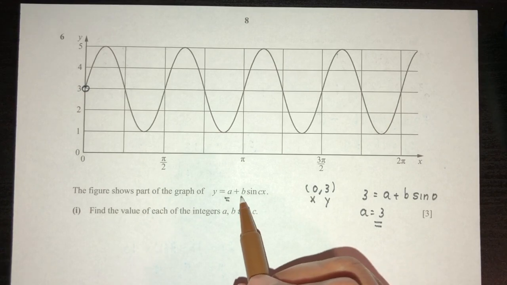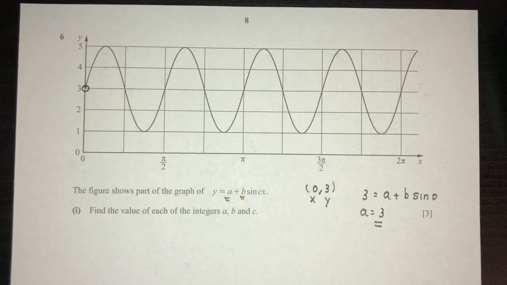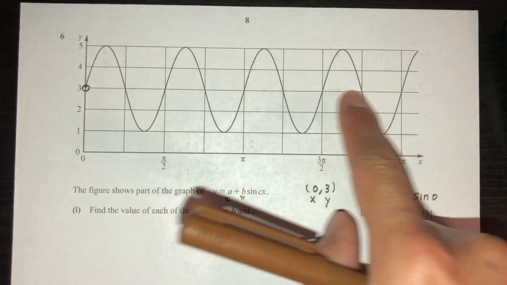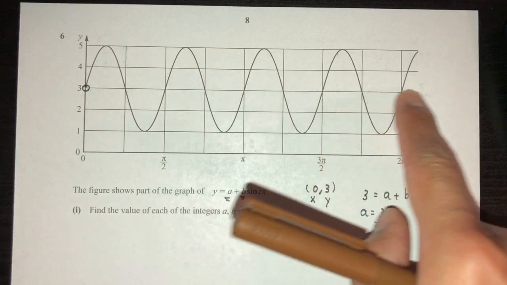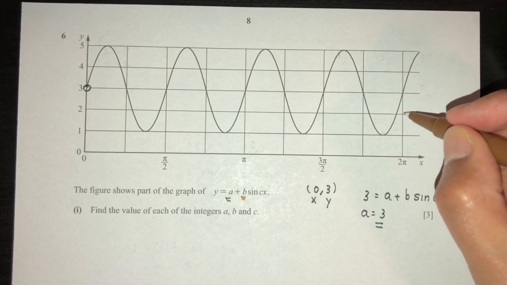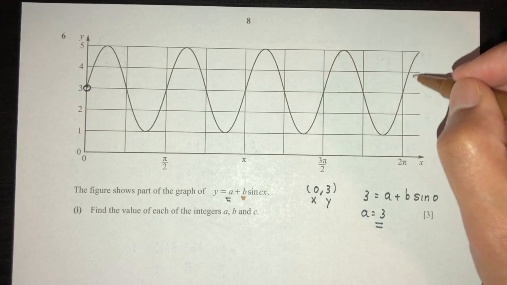Now b is called the amplitude of the curve. Now from this point we have to draw a line in between, and the distance, as you can see, will be equal on both sides. So if you count 1, 2 here, it will also be 1, 2 on top.